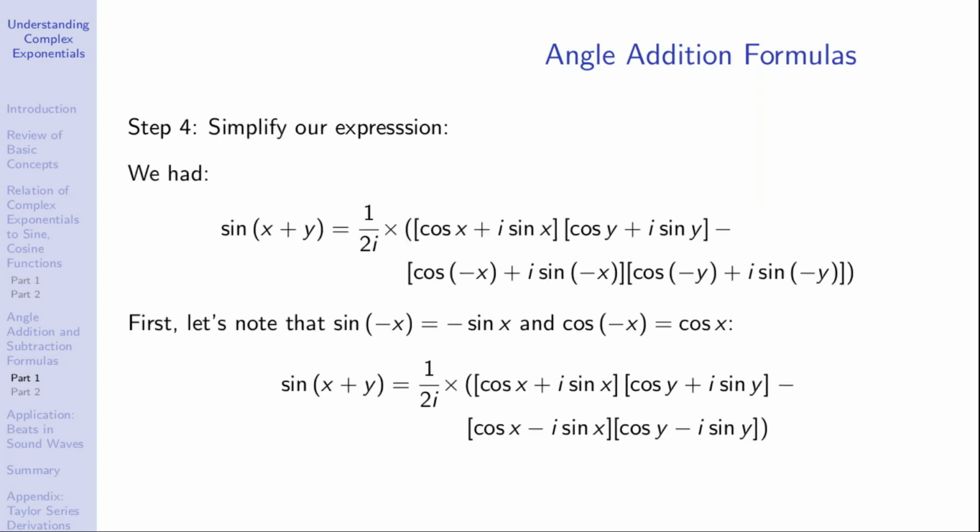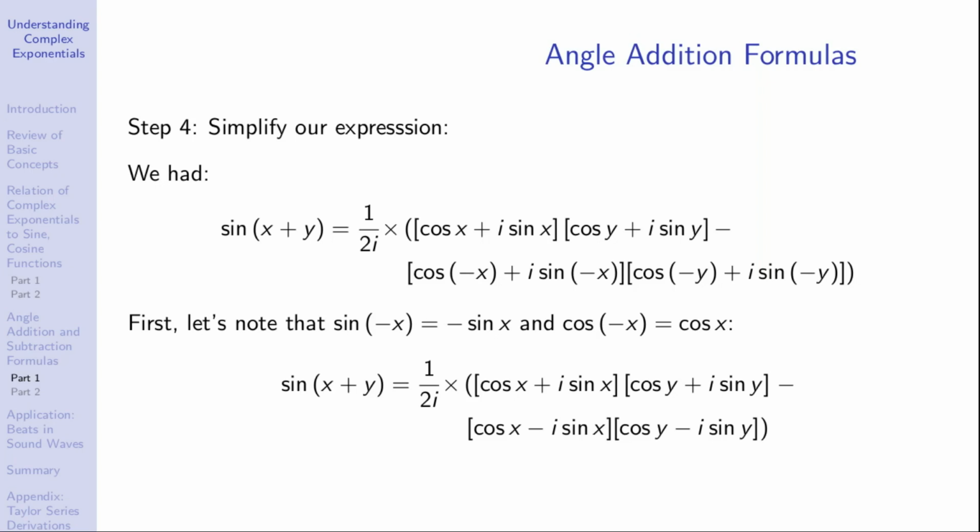Okay, so now we get to step 4. Simplify our expression. So we have our expression from the previous slide. And first, let's note that sine of minus x is equal to minus sine of x, and that cosine of minus x is equal to cosine of x.